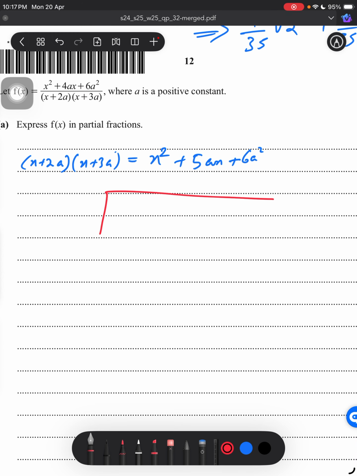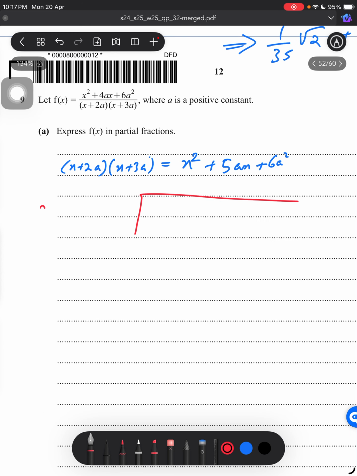So the denominator is now x squared plus 5ax plus 6a squared, and the numerator is 6a squared.